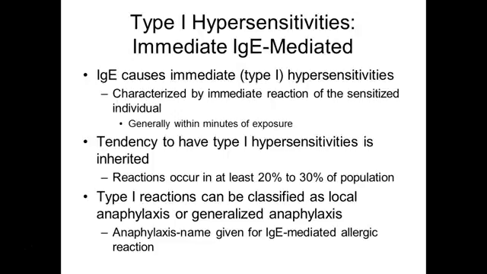The minute that allergen touches those antibodies, coating those cells degranulate. They release something called histamine, which is a vasodilator. And the mast cells release substances that cause the blood vessels to become leaky. So you get inflammation, right?